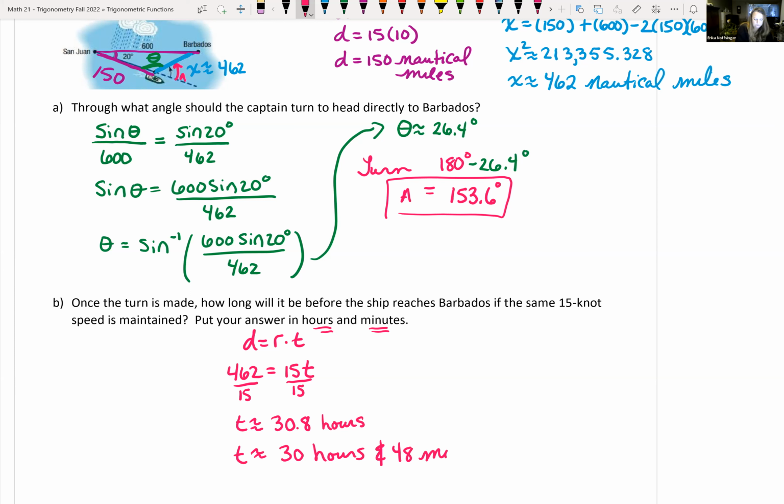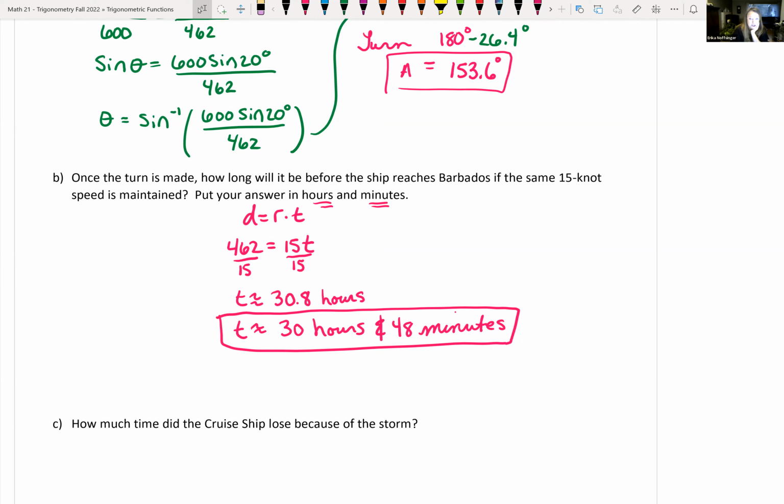So C, how much time did the cruise ship lose because of the storm? Well, let's look at the time it took because of the storm, and the time it would have taken if they had gone straight there. And then let's subtract those two.